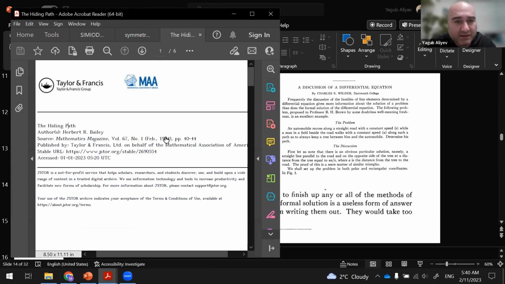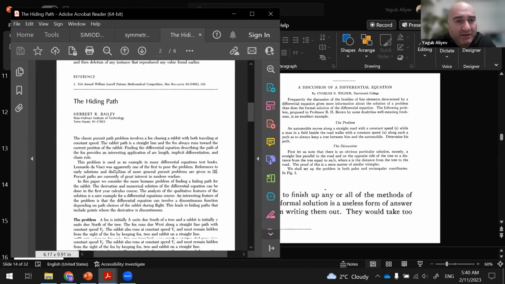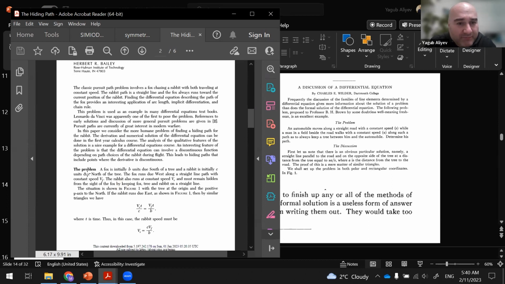You can see it here. It appeared in 1994. The name of the paper is The Hiding Path by Herbert Bailey, which also asks a similar problem. A fox is initially B units due south of a tree, and a rabbit is initially C units due north of the tree.